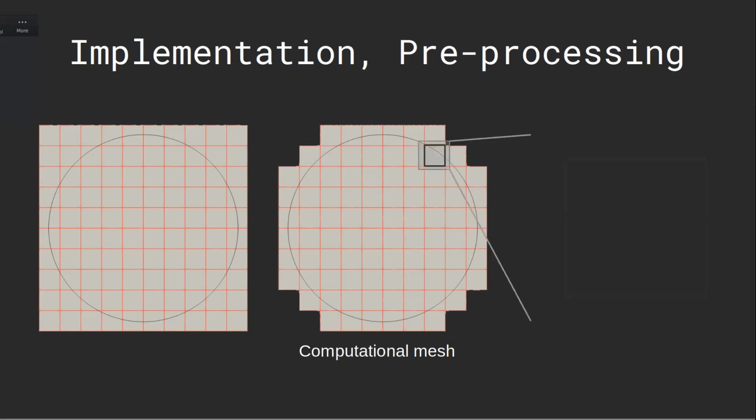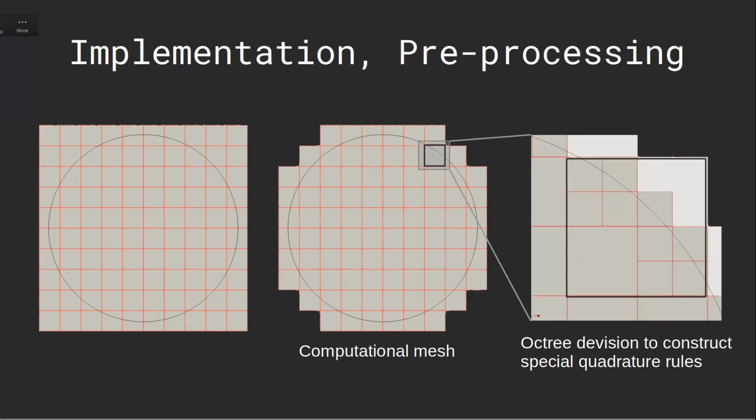And then what we have to do is to create these specialized quadrature rules that respect the boundaries of the geometry. The way we do that is with an octree approach. This is the most common approach. So we zoom into a cell, and then we refine the boundary using this octree approach, maybe 1, 2, 3, 4 times. And then we have something that respects the geometry much better.